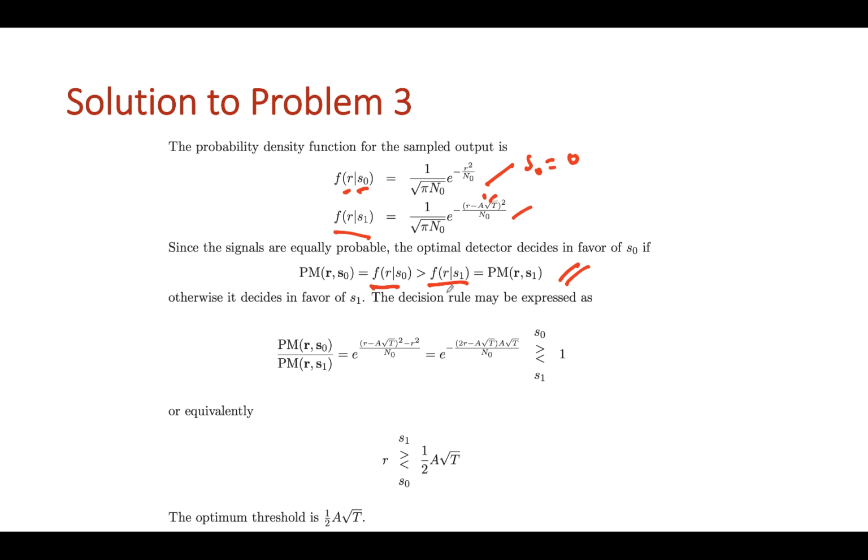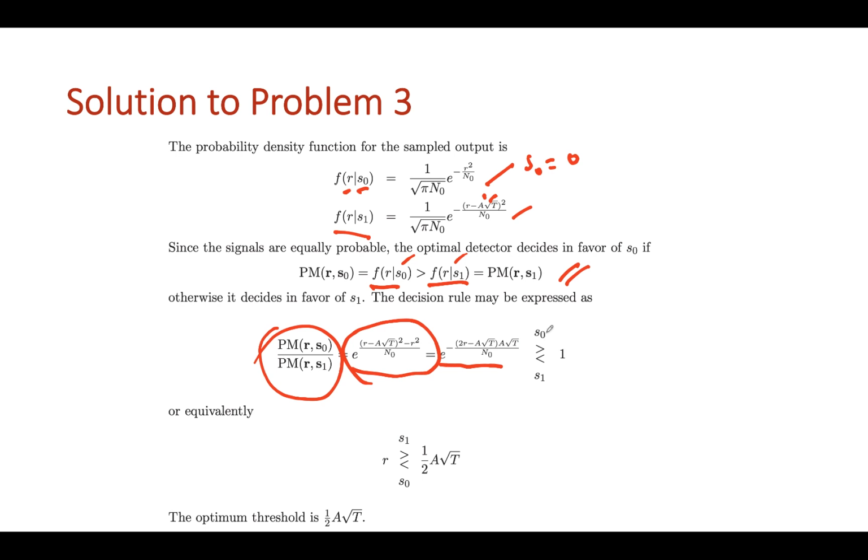So we saw that we have this likelihood ratio, which is the ratio of these conditional PDFs, and in this case the likelihood ratio calculates like this. So all we need to do is to verify whether this ratio is greater than or less than 1.